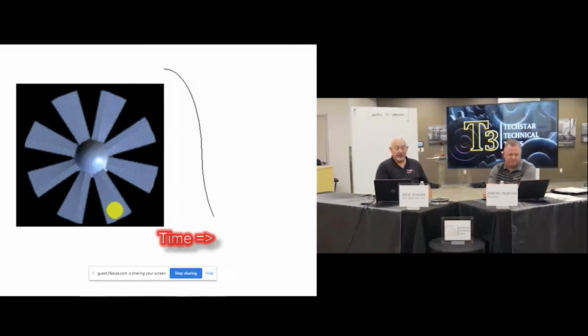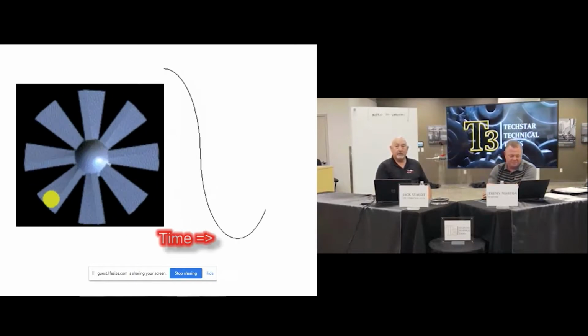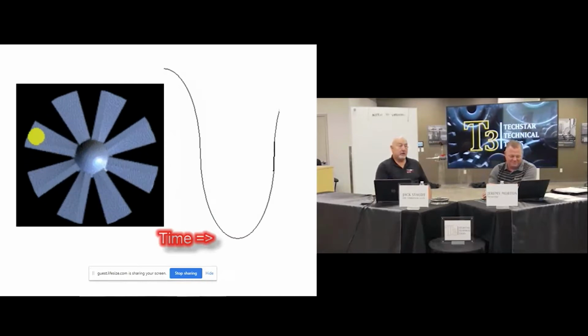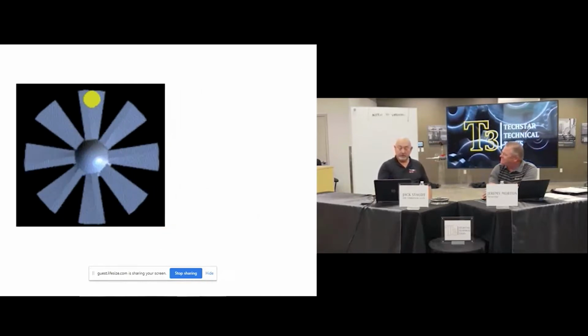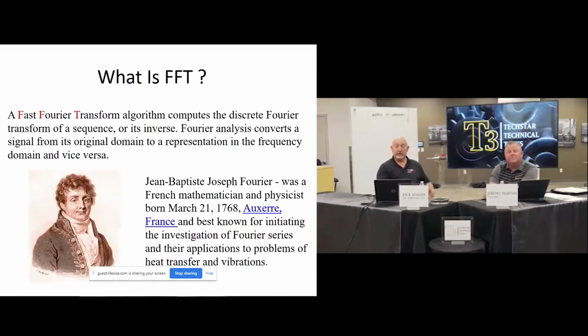We start off by looking at the time domain. How does it work? In the relationship of the rotation of a machine, we take the time domain and we want to convert it to a frequency domain, and we use what's called FFT, fast Fourier transform, an algorithm that computes the discrete Fourier transform of a sequence or its inverse.